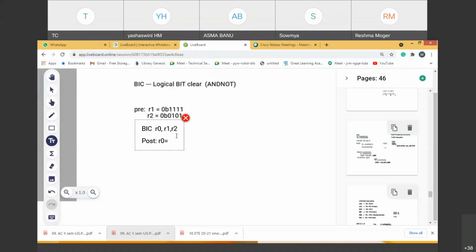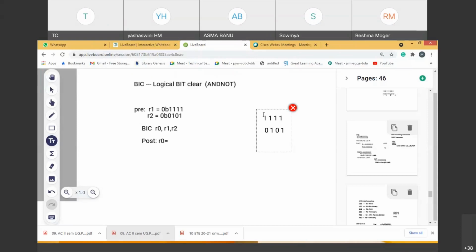Bitwise clear. Now how will you write this? First you should do the AND operation, then the NOT operation for everything. For example, take the last two LSB bits. The first data is 1, 1, 1, 1. The next one is 0, 1, 0, 1. Now you understand. I'll start with the last LSB. 1 and 1 gives 1, so the AND operation is 1.